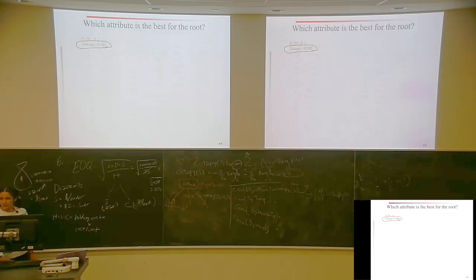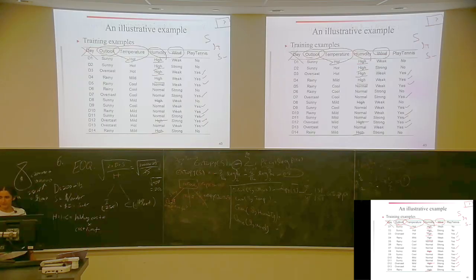So when you go here for humidity high and you want to calculate entropy, and you have 7 instances, what do you care about for entropy? How many of those 7 instances belong to class yes? How many belong to class no, right? So out of those 7 cases, let's see how many belong to, for example, class yes. So for example, humidity high is here, but the class label is no.